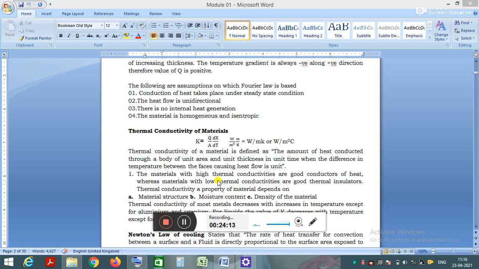The materials with higher thermal conductivities are good conductors of heat.